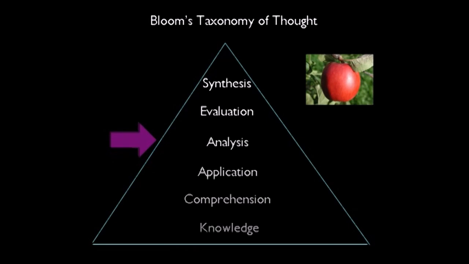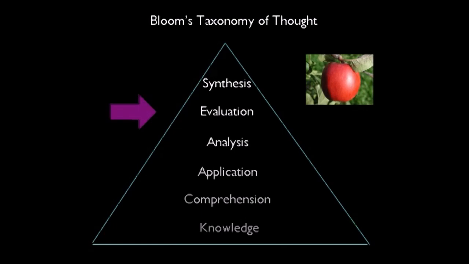The fourth level is analysis. Describe 4 ways of baking pies. Here we're taking parts of information apart, putting them back together, trying to understand how facts work together in sequence or how they relate to each other otherwise. The fifth level is evaluation.